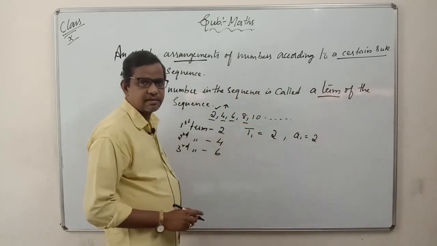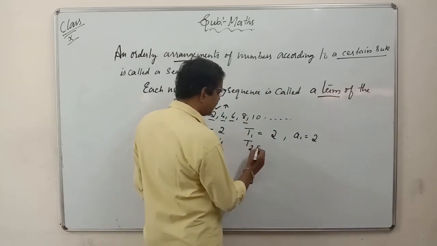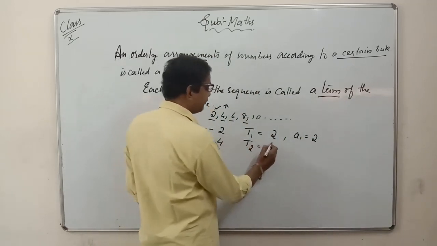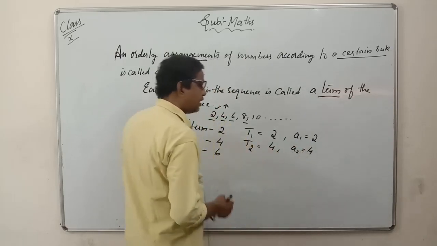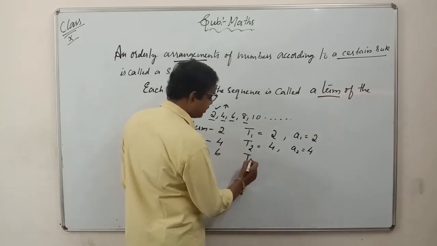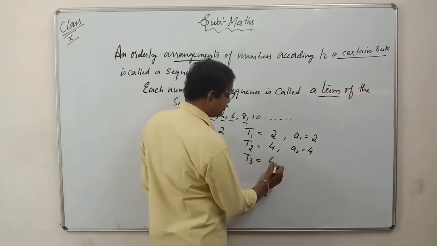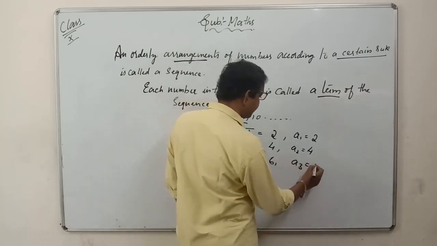T2 is the second term, 4, or A2 equals 4. And the third term is 6. You can call T3 equals 6, or A3 equals 6.